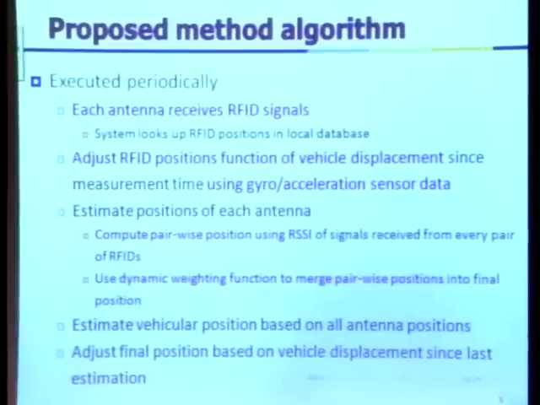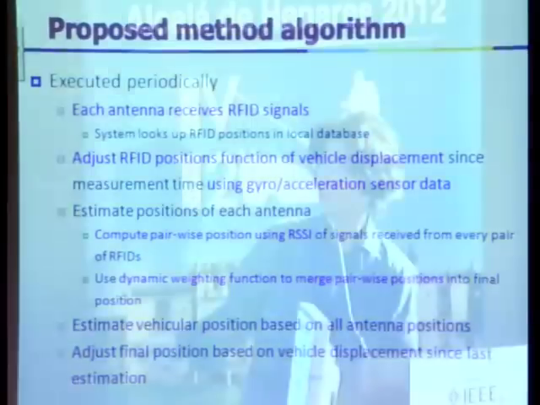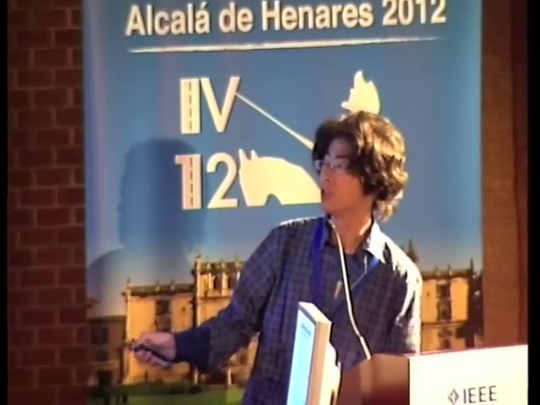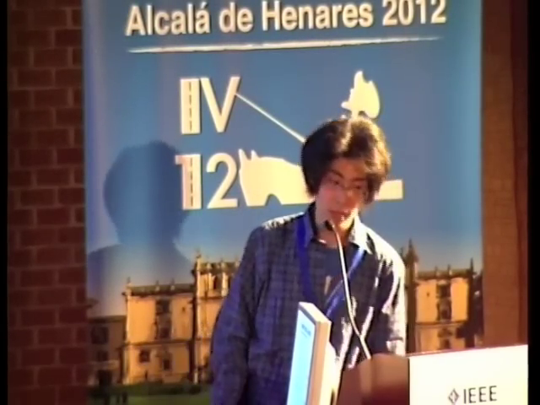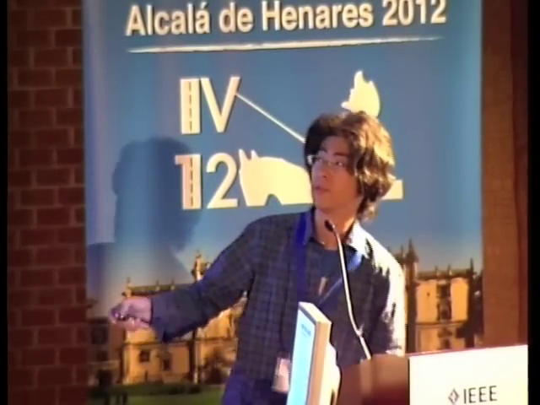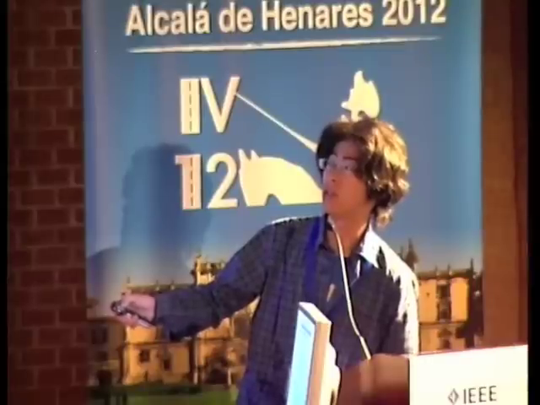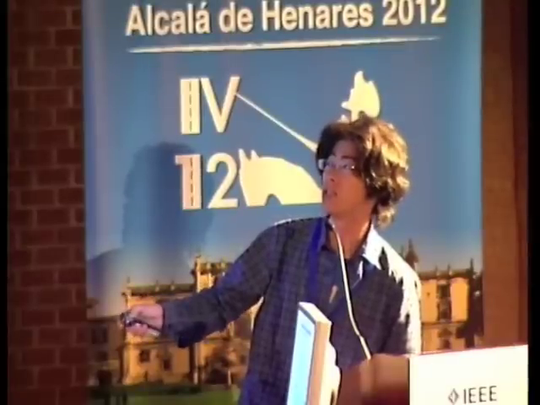These positions are merged into the final position of the on-car antennas. Once the position of every on-car antenna is estimated, the vehicular position is estimated from these positions. And adjustment comes later.